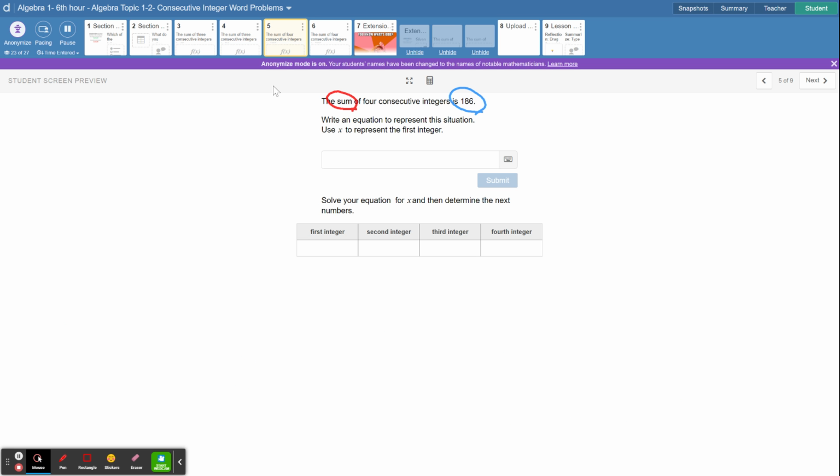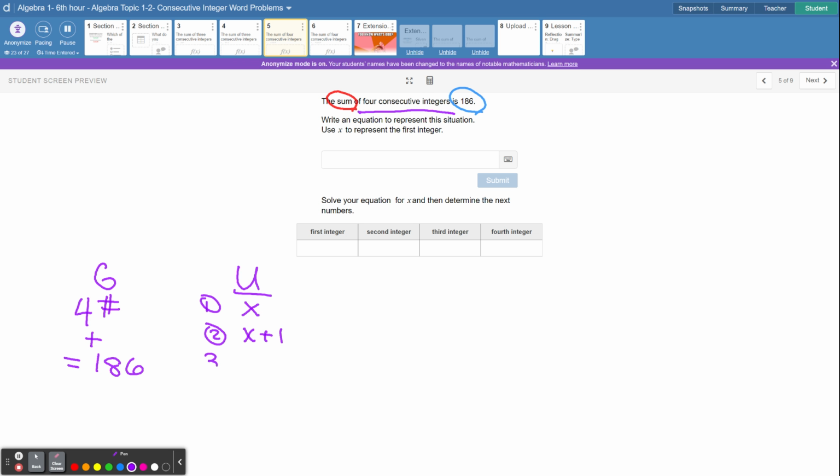Now for this problem, slide 5, notice the only thing that changed is how many numbers we're looking for. We're looking for 4 numbers now, and that's okay. We're still doing sum, and we're still doing 186. The only thing that's going to be different is our unknown. We're going to have our first number be x, then x plus 1 for the second number, x plus 2 for the third, and the fourth number.